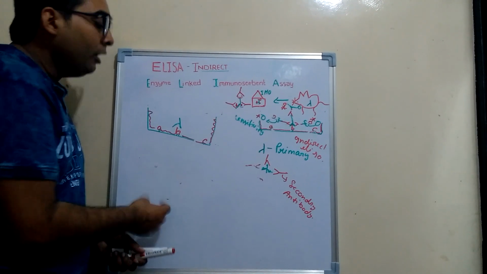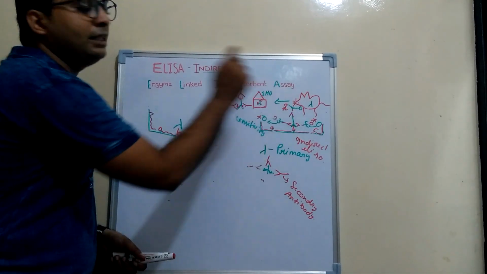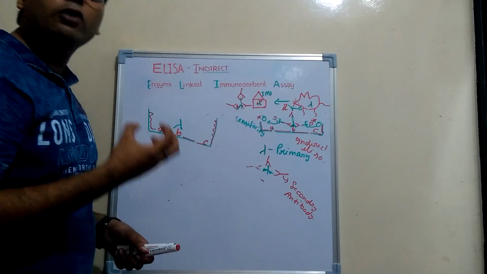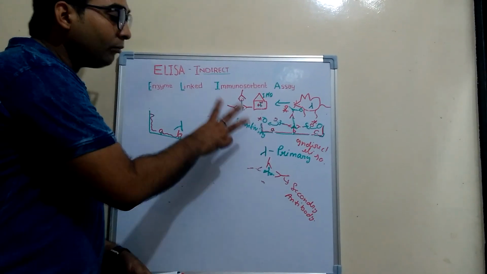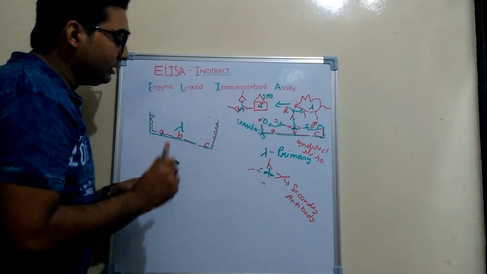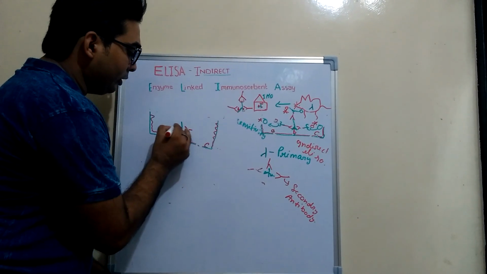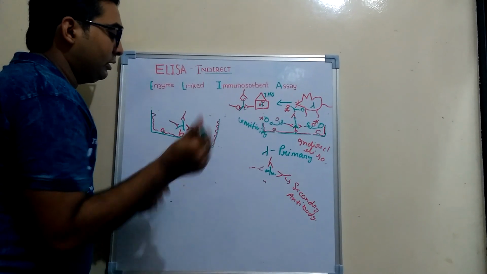How have I generated it? First, I inject this primary antibody in mice, and the immune headquarters of the mouse will make 3 different antibodies, and that antibody is known as the secondary antibody. This secondary antibody is enzyme linked.